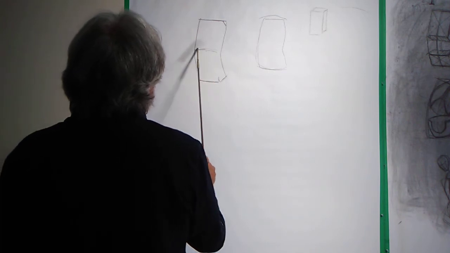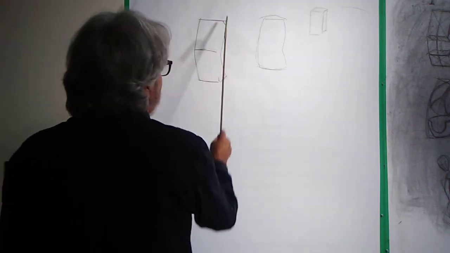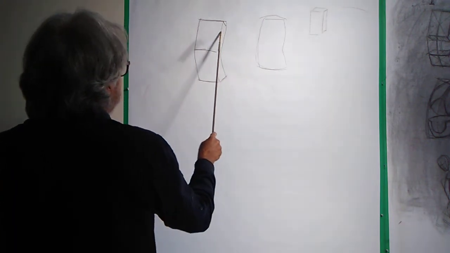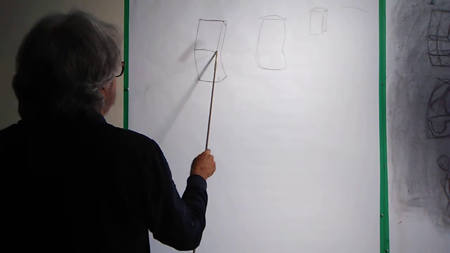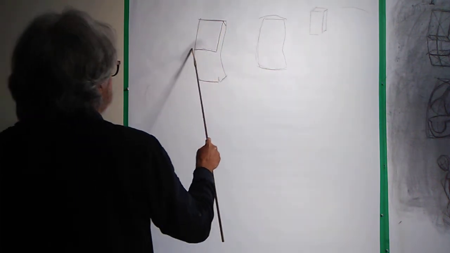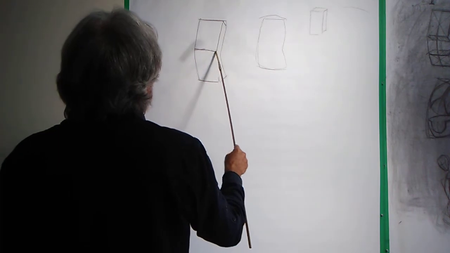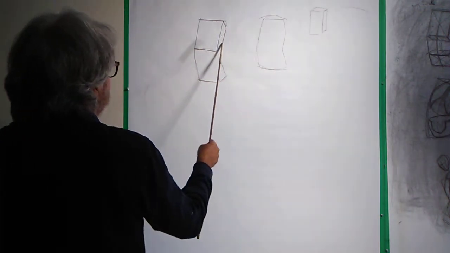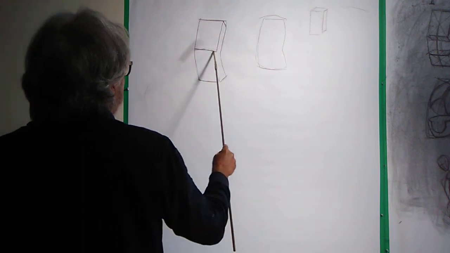I'm going to place a light guideline on here. And then I'm going to bring this, and this is going to be the plane break on the inside of the form, giving me where the rib cage is going to change directions. So now I've got one angle. This angle is going to correspond. This angle is coming through, paralleling that angle.